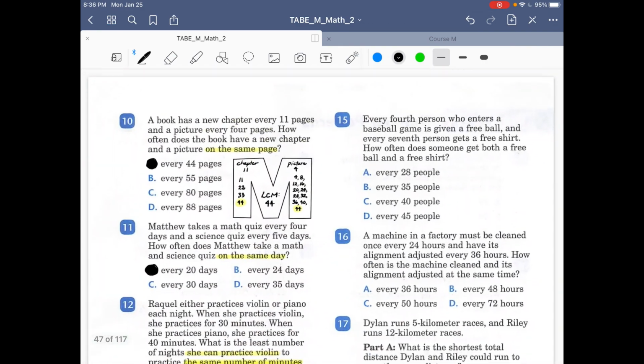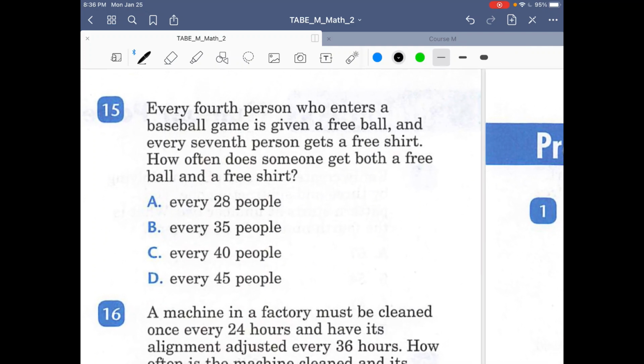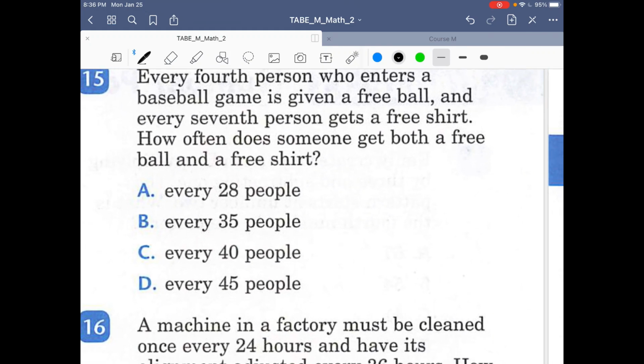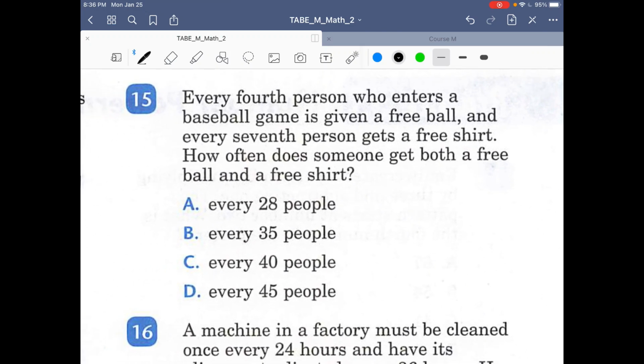Okay, we're almost there. Number 15. Every 4th person who enters a baseball game is given a free ball, and every 7th person gets a free shirt. How often does someone get both a free ball and a free shirt?